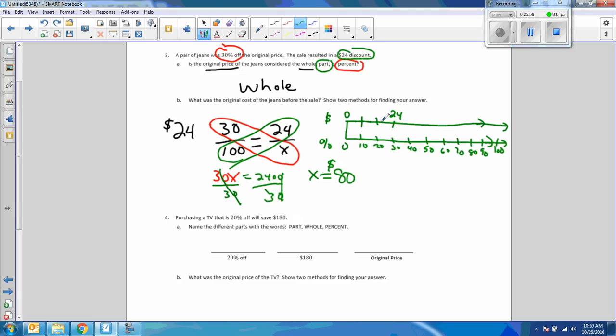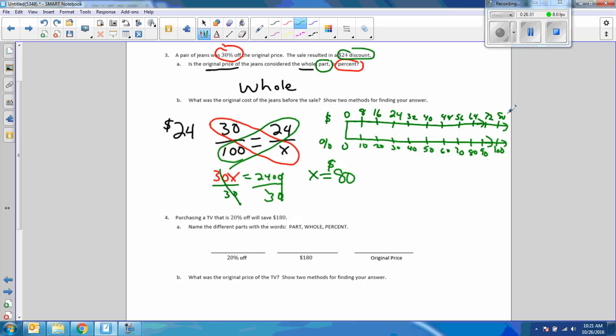And there are 1, 2, 3 marks to get to 24. So 24 divided by 3 is 8. So that's 8, plus 8 is 16, plus 8 is 24. And now we can go 32, plus 8 is 40, plus 8 is 48, plus 8 is 56, plus 8 is 64, plus 8 is 72, plus 8 is 80.